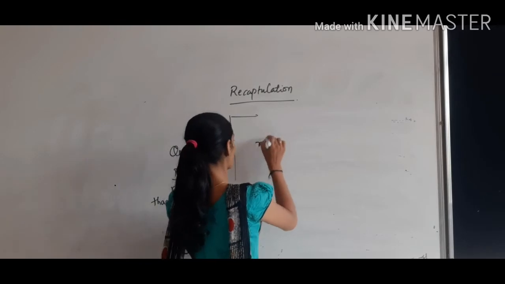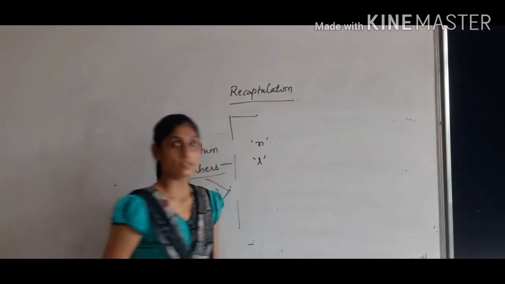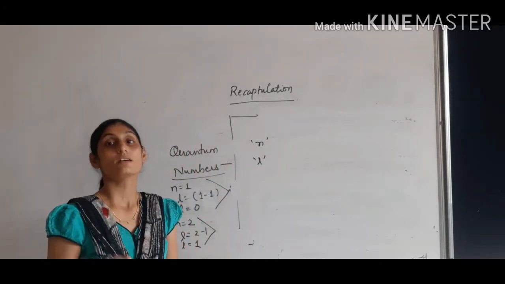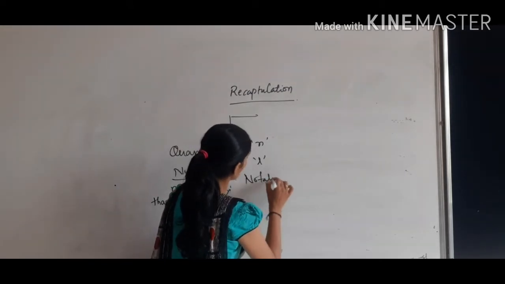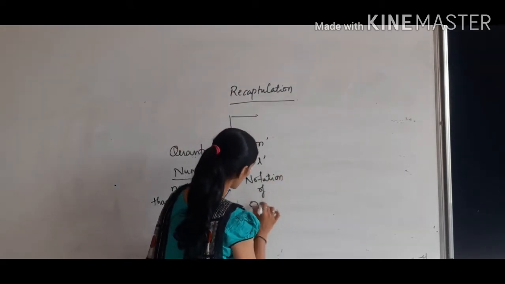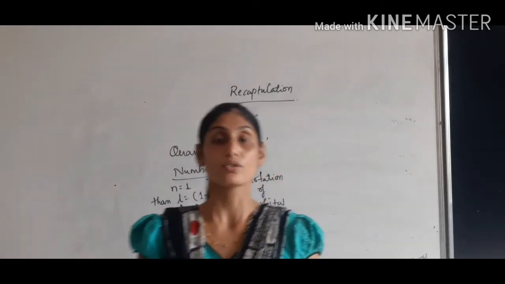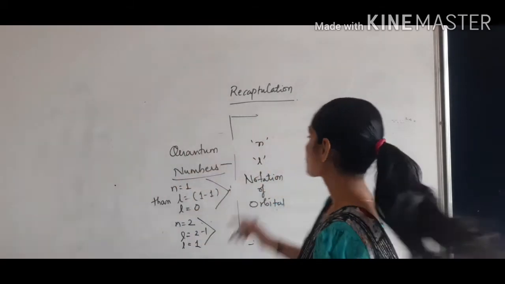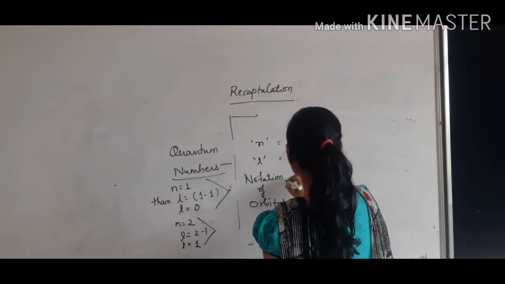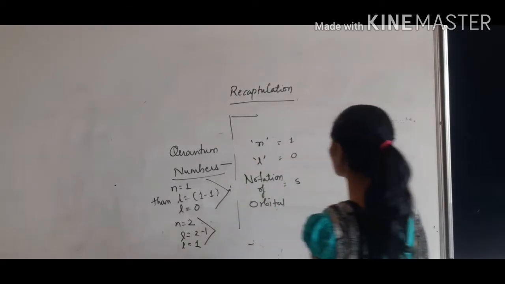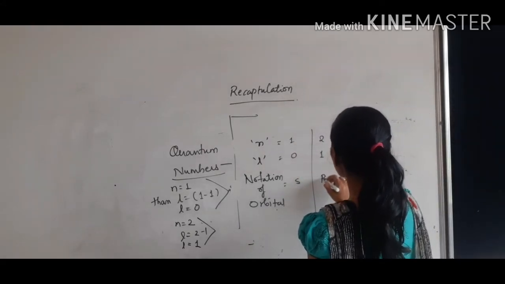So here, when we talked about n, it is the principal quantum number. Now what is l? The azimuthal quantum number, or you can say the angular momentum quantum number. So what is the notation of the orbital? It is very important to remember this, children, because many questions in the exercise are related to it. So when n is equal to 1 and l is equal to 0, the orbital is denoted with s. In the same manner, if n is equal to 2, l is equal to 1, then p.